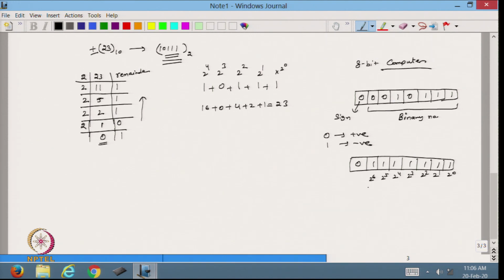So 2 raised to power 6 is 64 plus 32 plus 16 plus 8 plus 4 plus 2 plus 1. Adding, it gives you the value 127. It means the maximum integer number you can save in the 8-bit computer is 127. Similarly I can go for minus 127, the minimum value.